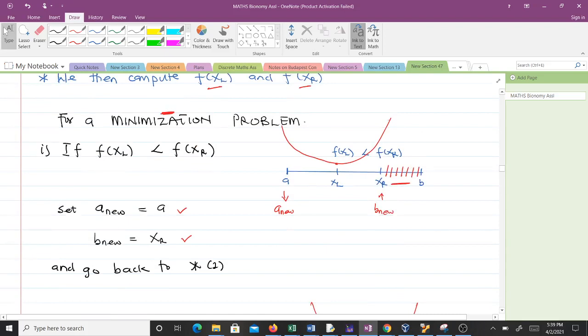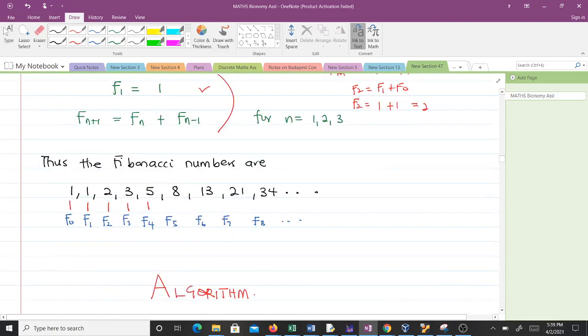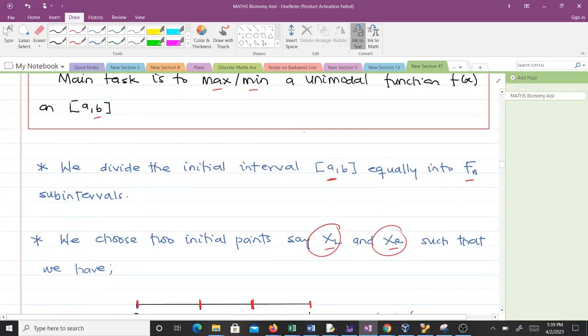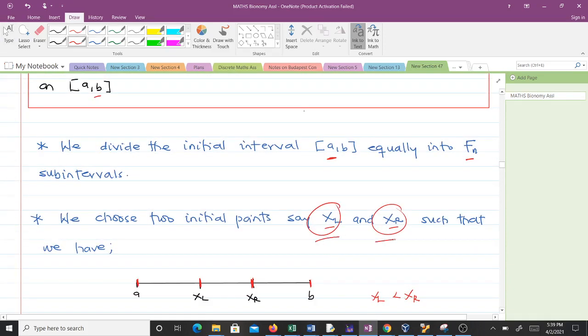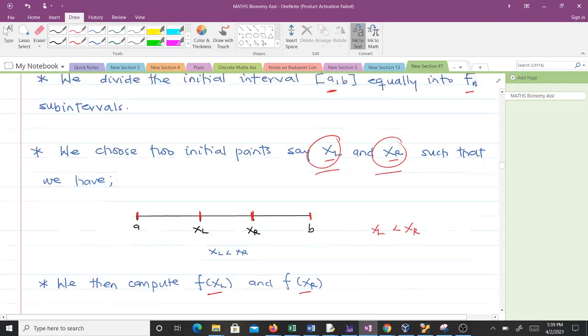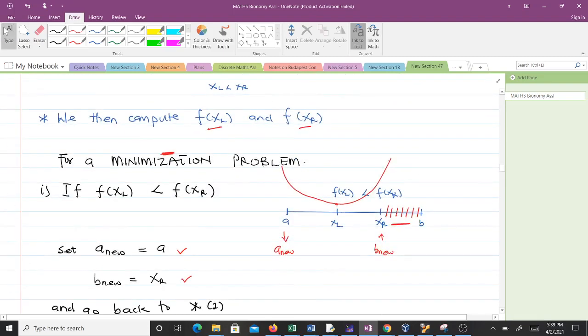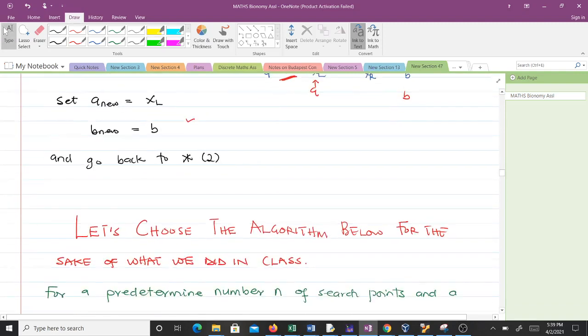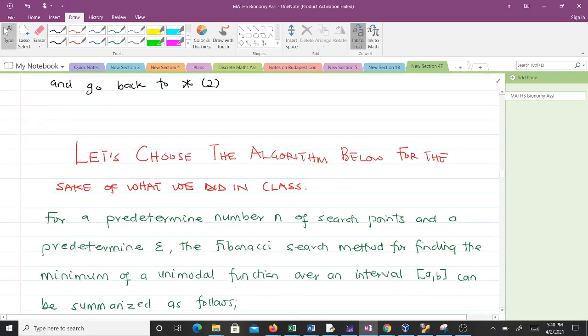And we come back to this step to get our xl and xr, and that helps us to continue with our iteration. So that's the general approach, the general thing we're trying to do. Now let's choose an algorithm to do that. We are going to choose this algorithm based on what we've done in class so that it becomes very simple for us to understand.